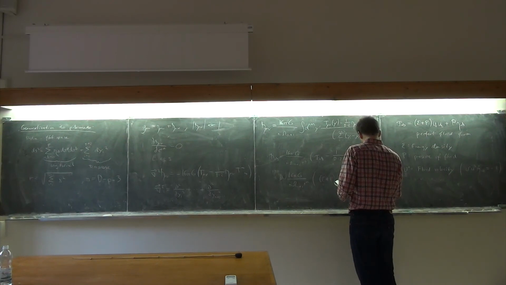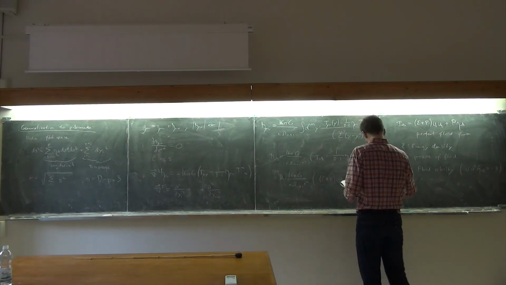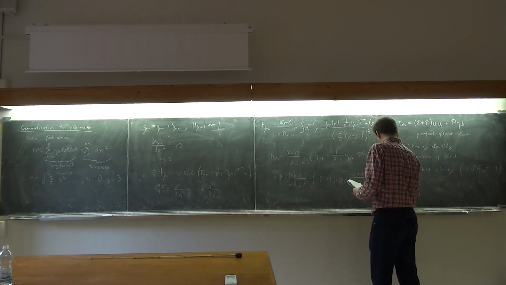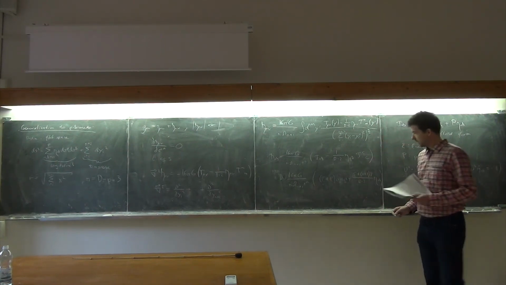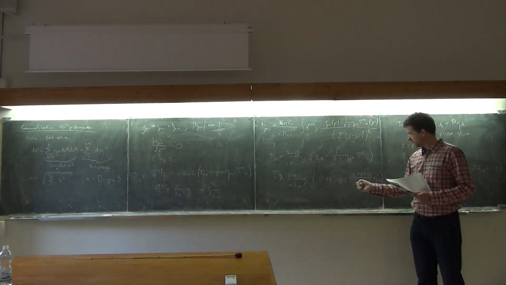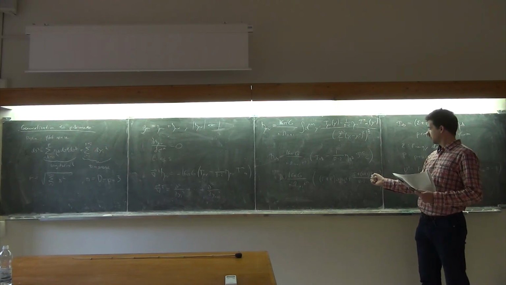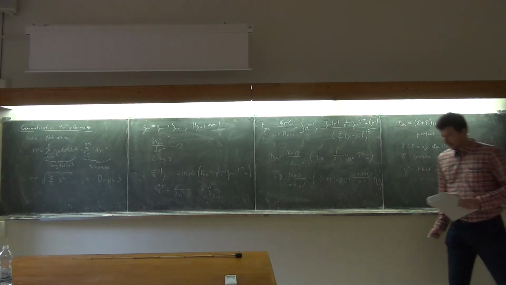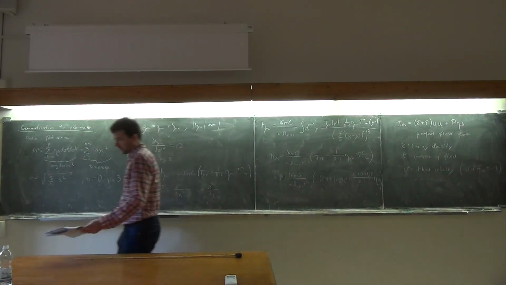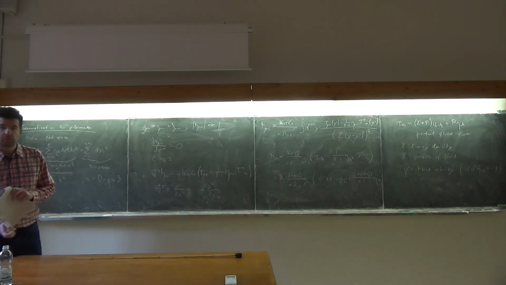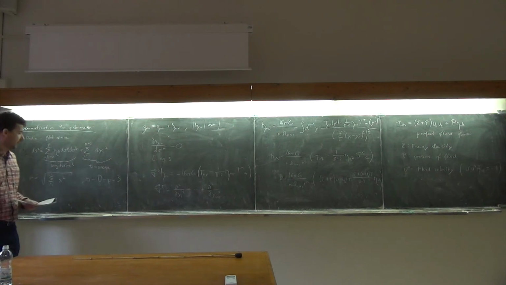I hope it's readable. So (epsilon plus P) u_A u_B, epsilon plus (n plus 1) times P over (D minus 2), and then eta_AB. So this is what I will now use to measure the stress tensor of black branes, this formula.